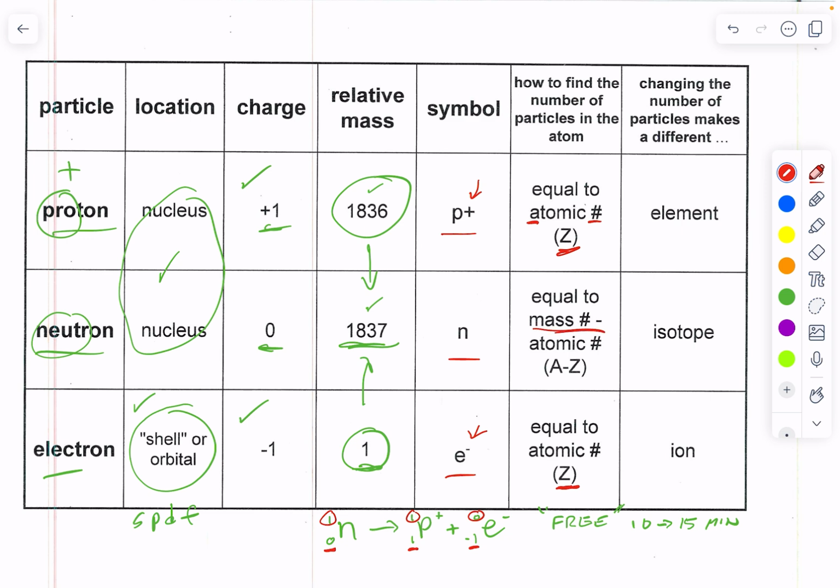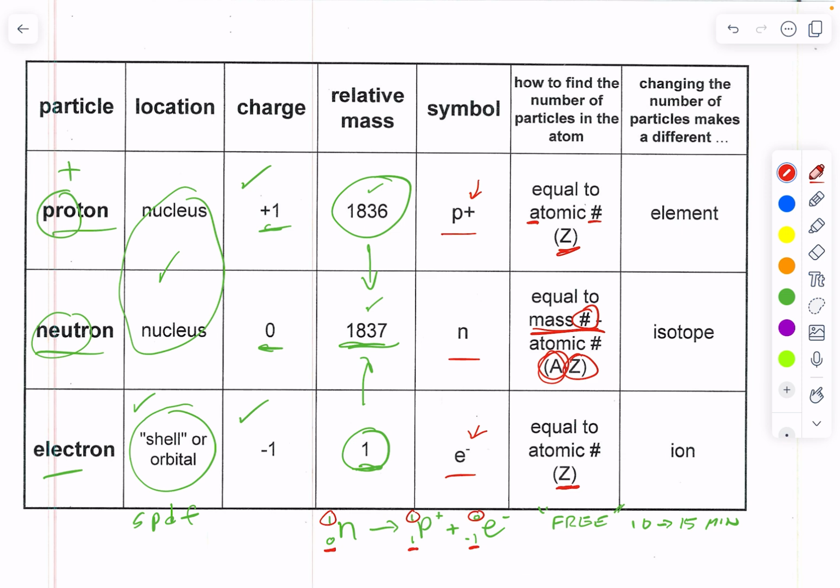The mass number, which is not to be confused with the atomic mass. The atomic mass is the weighted average of the isotopes. The mass number is exactly that. It is an integer, a whole number, beginning with 0 for an electron. And the number of neutrons is found by taking the mass number, your total number of protons and neutrons, and subtracting the number of protons.